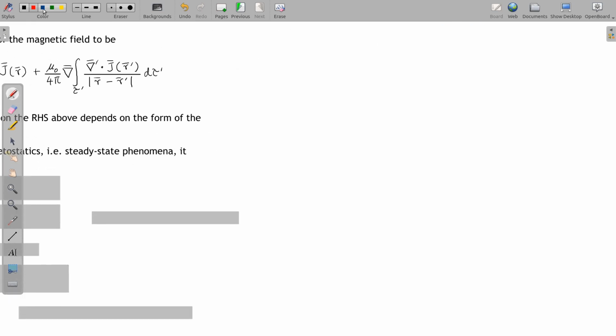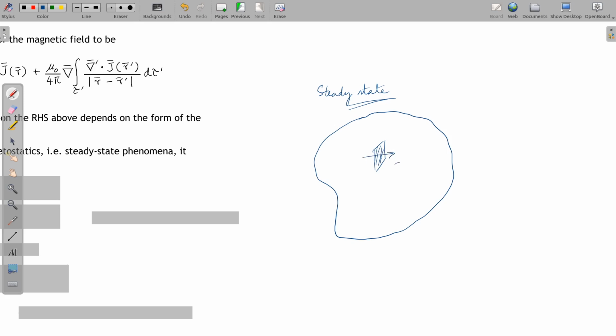Let's try to understand what this means. We have this volume, at steady state. Steady state means the current remains steady. Let's say I take some area of cross section. In the steady state, J remains constant with respect to time.